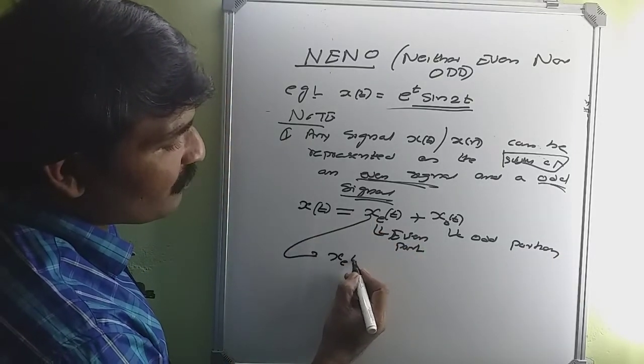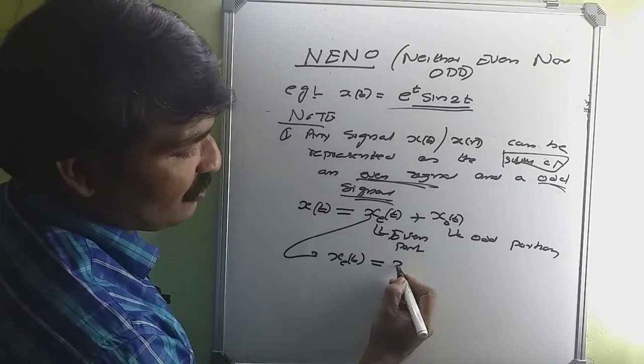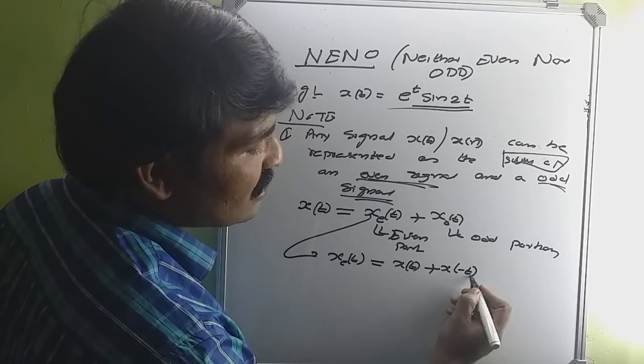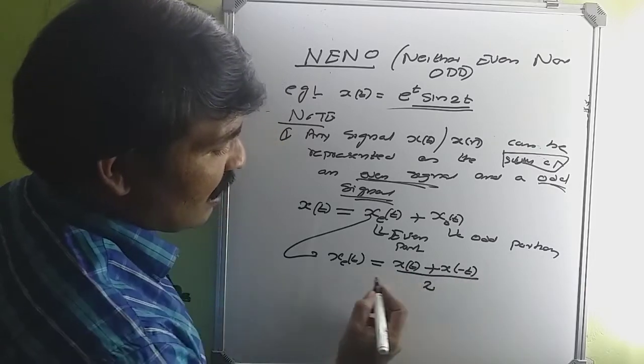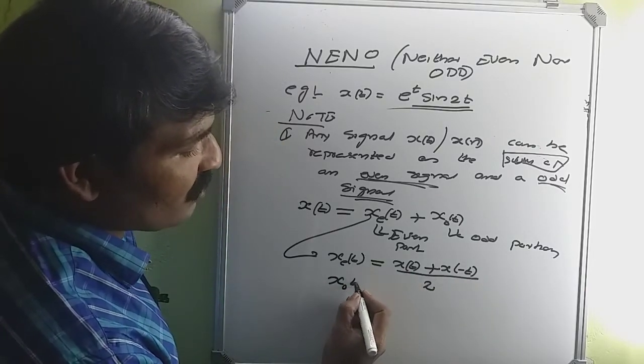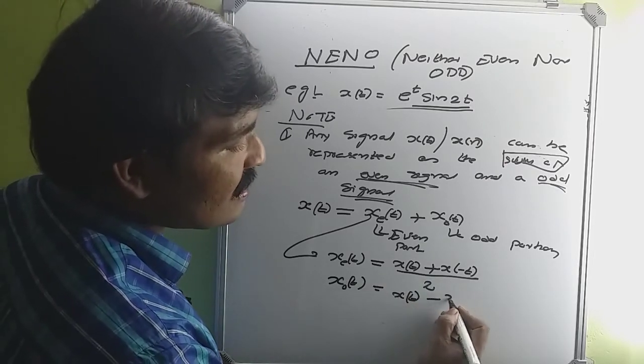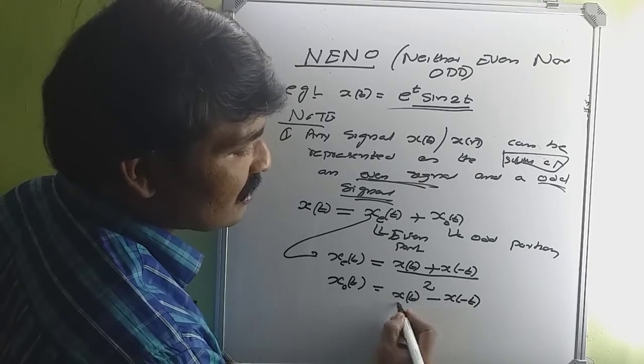The even portion of the signal, x_e of t, is equal to x of t plus x of minus t divided by 2, and the odd portion of the signal is equal to x of t minus x of minus t divided by 2.